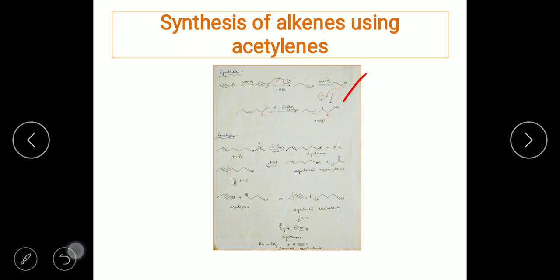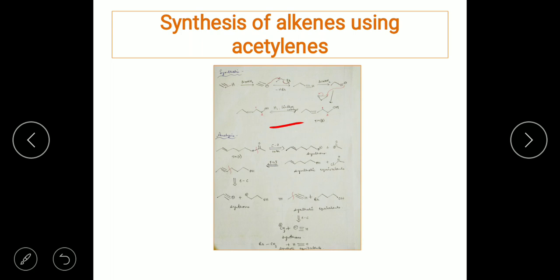Now here, since the target molecule is an alkene and we have an alkyne, what we are going to do is make use of Lindlar's catalyst, and further reduce the alkyne to an alkene. There's another advantage of using Lindlar's catalyst. Lindlar's catalyst is usually used for the hydrogenation of alkynes to alkenes.